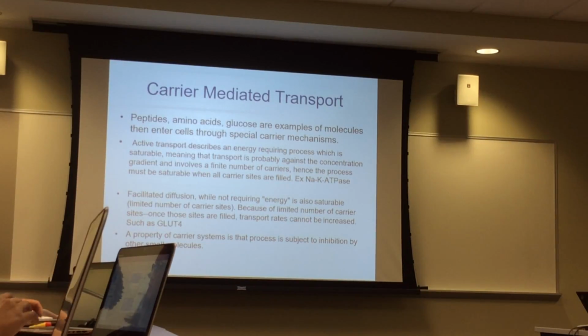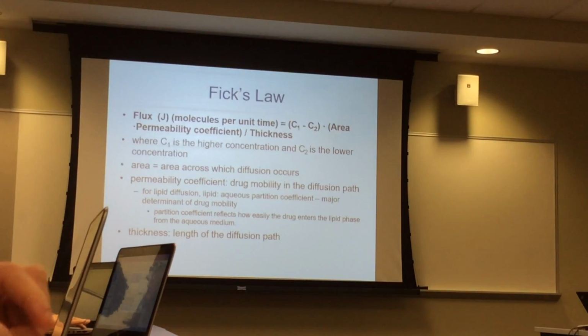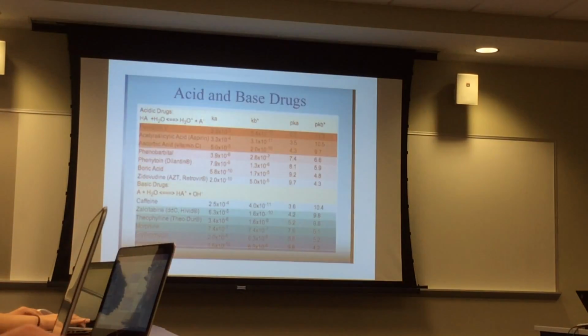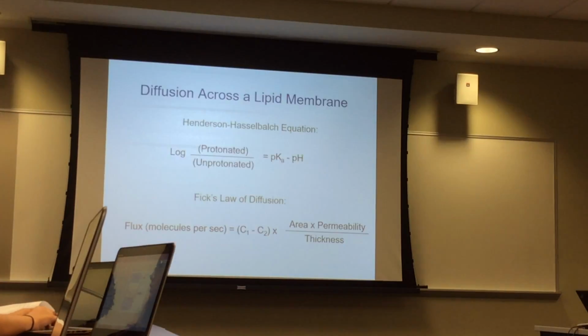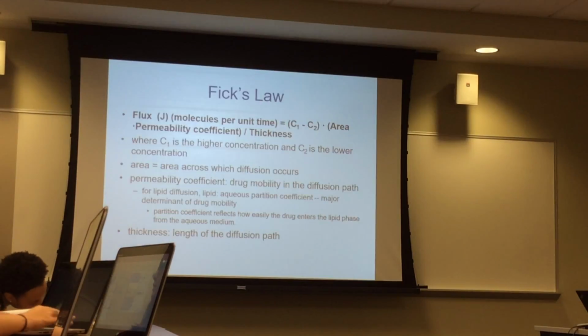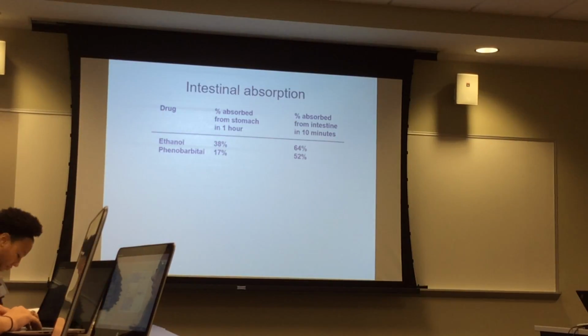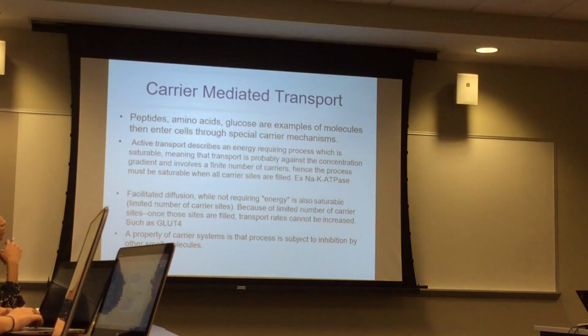Carrier-mediated transport. Remember this slide? Instead, it is active transport, facilitated diffusion, and drug transport. Let's see what that means. So the drug can cross the membrane by pure diffusion through the membrane or between the pores, but it can also be carried across the membrane by active transport.